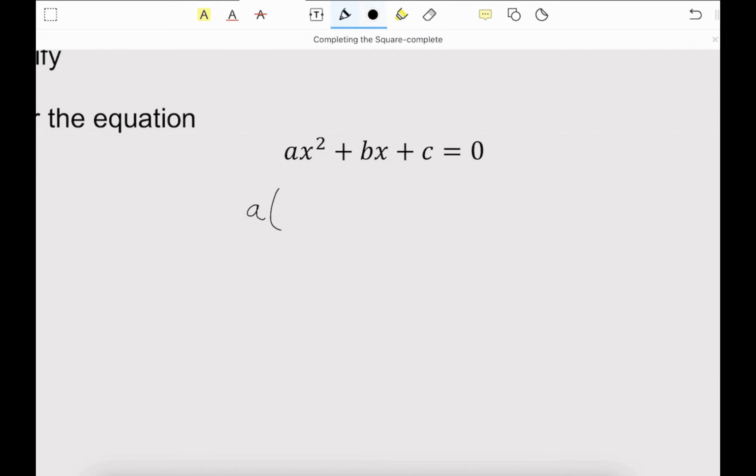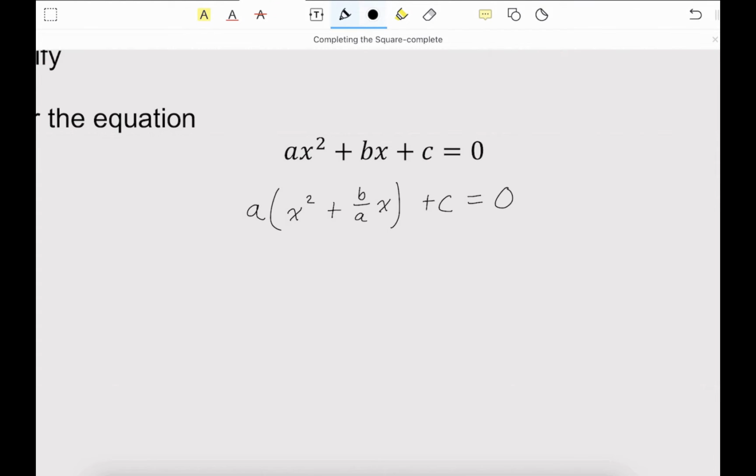When we do this, I get x squared plus b over a x, and I'll just keep this as plus c equals 0.